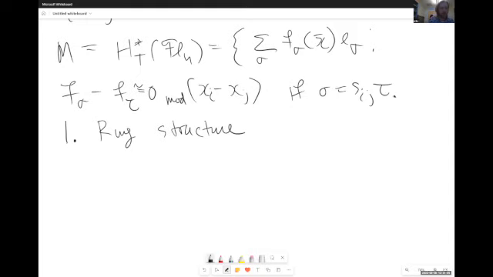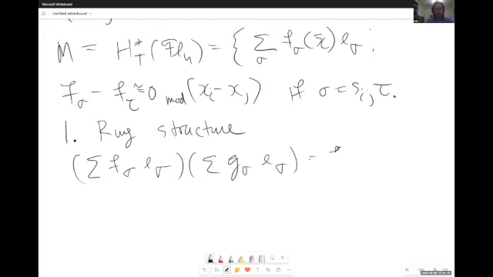It's just given by the sum of f sigma times e sigma, and this is equal to the sum f sigma g sigma. So in other words, multiplication is just pointwise. So it's the same as the ring structure would be on just the disjoint union of a bunch of fixed points.